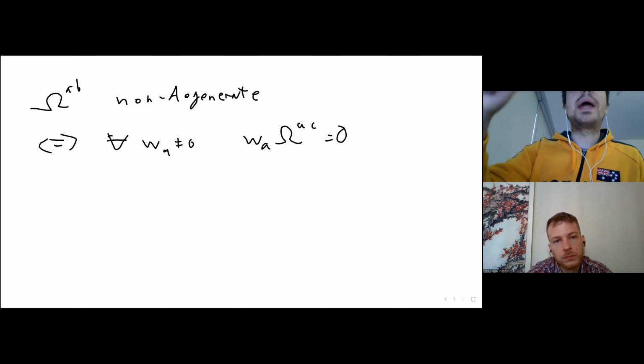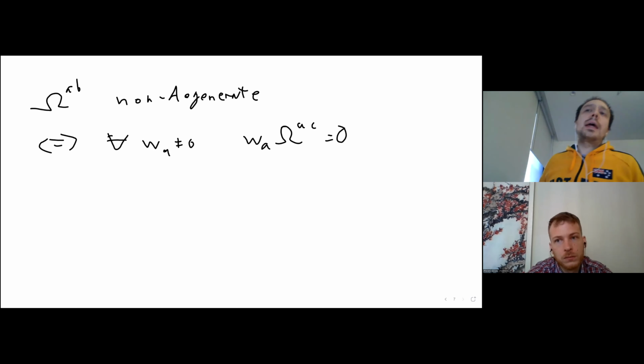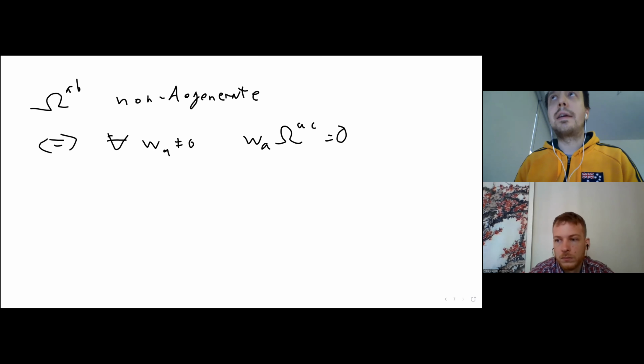Another one is that the matrix representation of omega has non-zero determinant in a given basis, and if it's true in one basis, it will be true in all bases. And that, of course, can be rephrased as saying that it doesn't have zero eigenvalue in any basis if you take the eigenvalues of the matrix representation. Because, of course, we remember that bilinear forms don't have eigenvalues. But my statement is we do not prove that omega is non-degenerate.